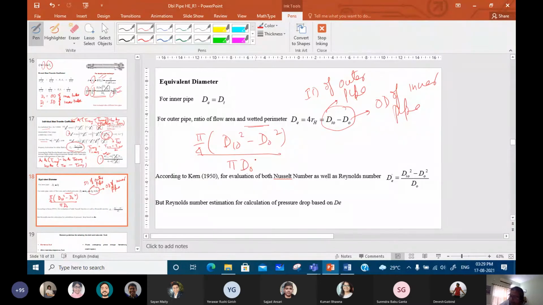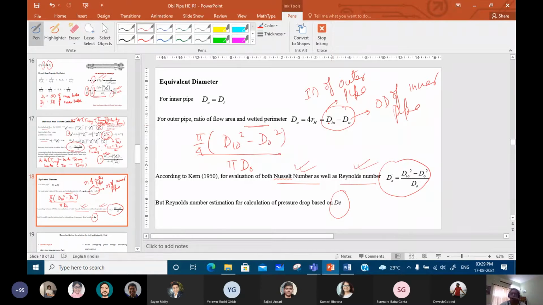Accordingly, they have defined the hydraulic diameter, which they use for finding out the heat transfer coefficient using the Dittus-Boelter equation, using this particular definition in both their Nusselt number and Reynolds number. But when they use the Reynolds number for calculating pressure drop, that is based on this other expression, because they say that the pressure drop will be encountered both for the friction at the outer wall of the inner pipe and the inner wall of the outer pipe.